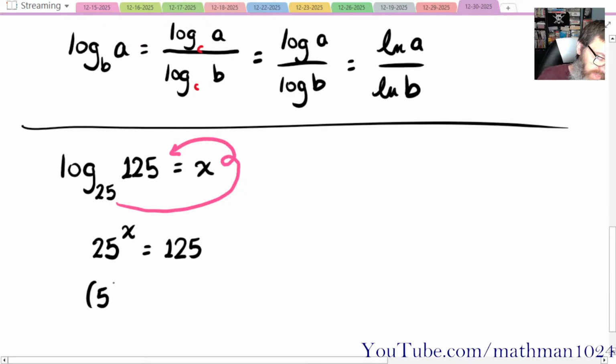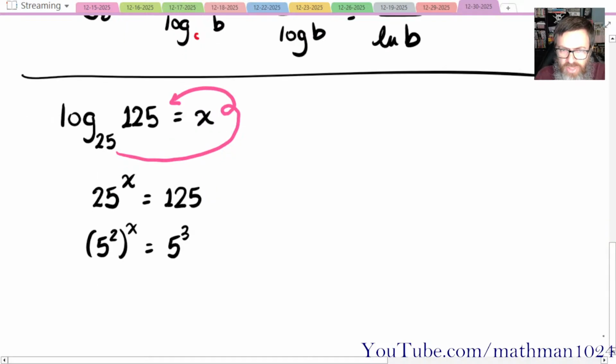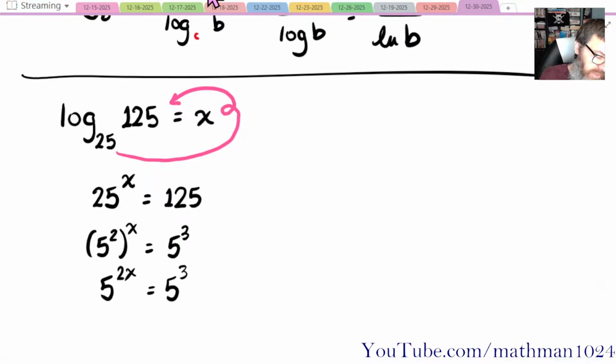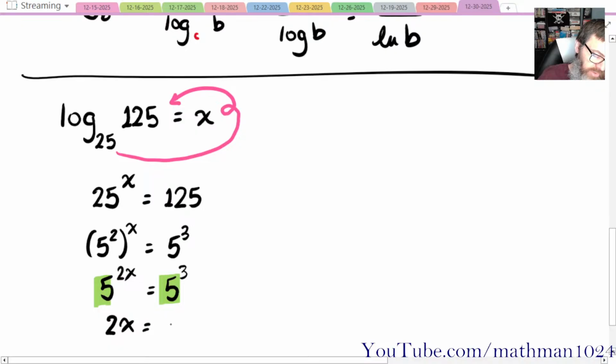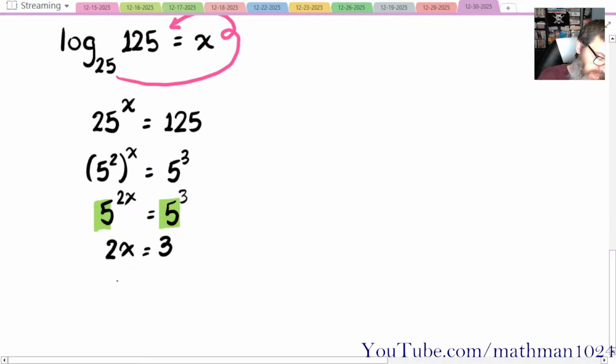So 25 is 5 to the second, then to the x. 125 is 5 to the third. And then when we talked about solving these the other day, as long as we have the same base on both sides, we can equate these powers, which means 2x equals 3. Divide both sides by 2, and you get 3 halves. Done.